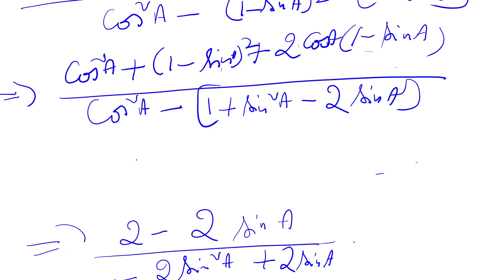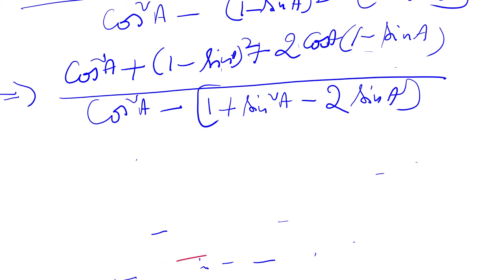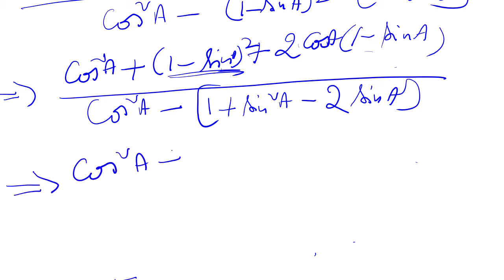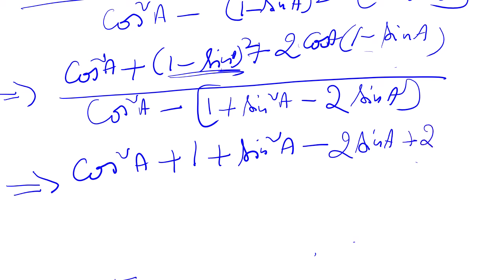Okay. Now we'll expand this. We have to expand this again separately because this is 1 minus sin A whole square. Okay, so this will become cos square A plus 1 plus sin square A minus 2 sin A, then plus 2 cos A minus 2 cos A sin A. Why?